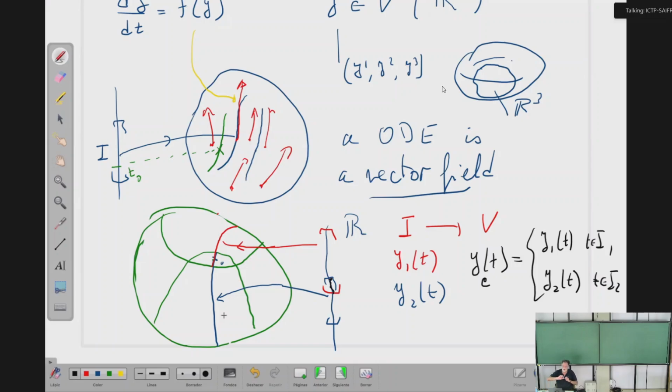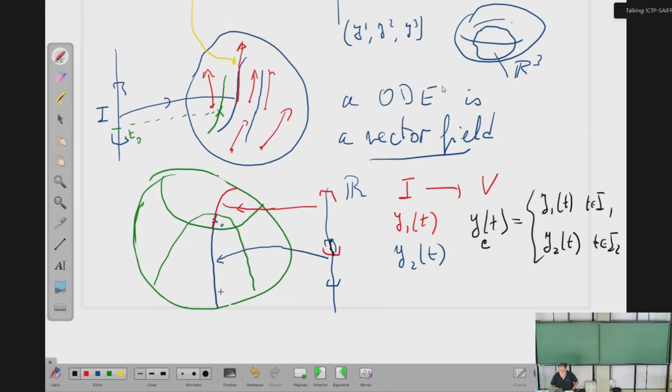And so now I continue this solution. If it finishes here, it is either because the region where the vector field was defined ends, or I just continue. And this is a maximal extension, the biggest extension I can do of my solution.